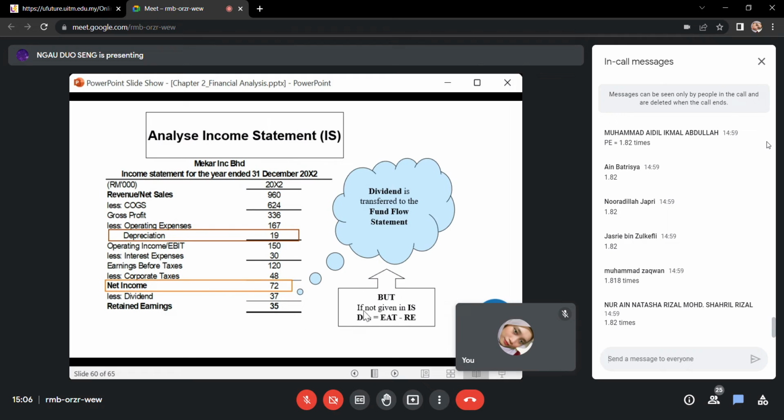But if it is not given in the income statement, then we can also use earning after taxes minus retained earning, equal to dividend. Here it does not give dividend, but it gives net income and retained earning. Then we can calculate ourselves, using net income equal to dividend plus the retained earning. So you just rearrange the formula, then we can calculate the dividends. But dividend is uses of fund. Net income is sources of fund.